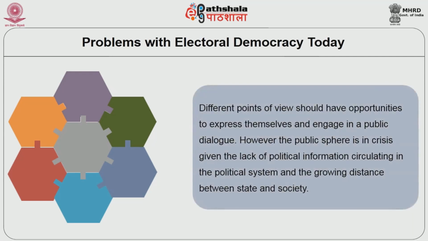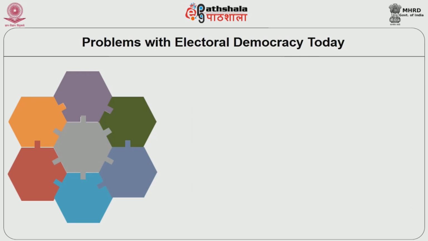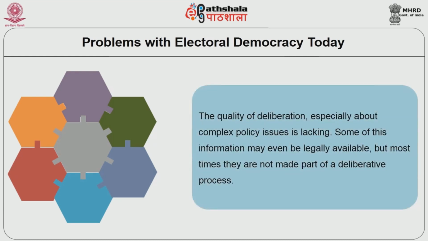Different points of view should have opportunities to express themselves and engage in a public dialogue. However, the public sphere is in crisis, given the lack of political information circulating in the political system and the growing distance between state and society. The quality of the deliberation, especially about complex policy issues, is lacking.